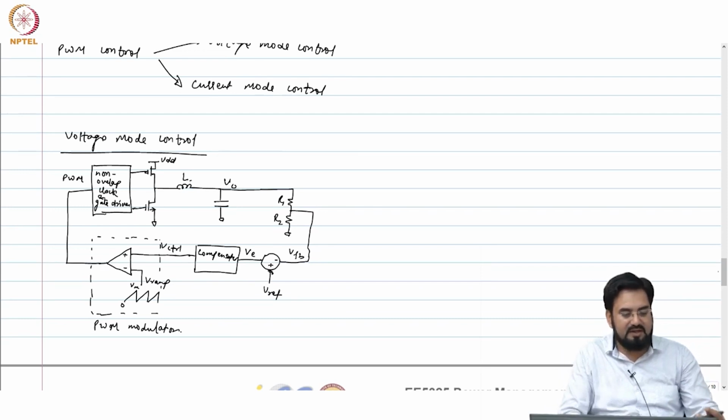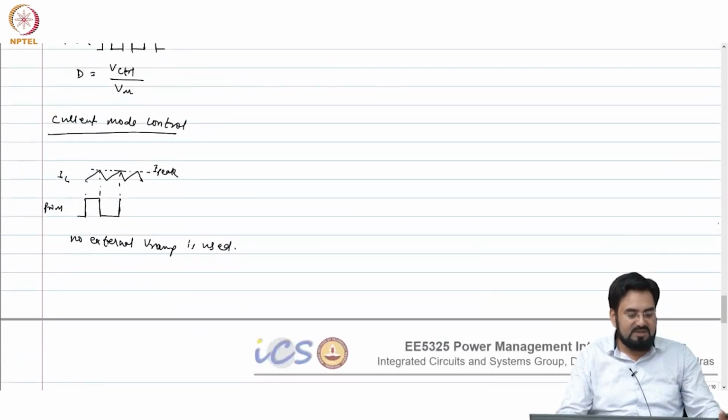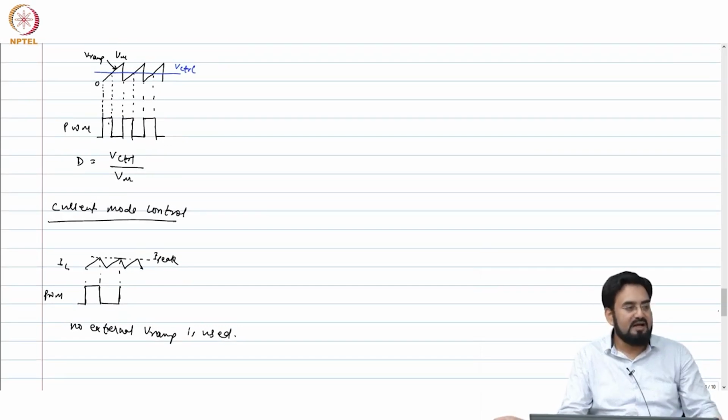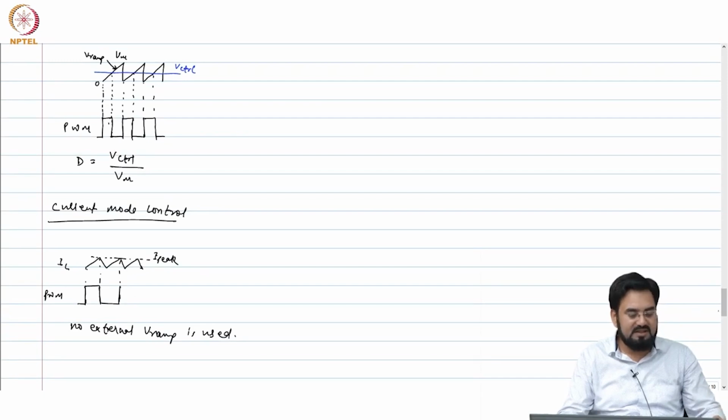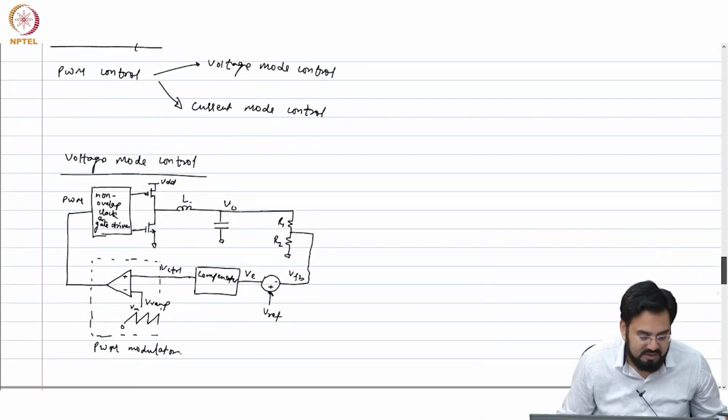Another reason is that voltage mode control is widely used compared to current mode, because current mode has certain limitations: noise performance is not better, and operating at a very low current and very wide duty cycle range is not easy for current mode, but voltage mode can easily be used for a wide range of load current and duty cycles.